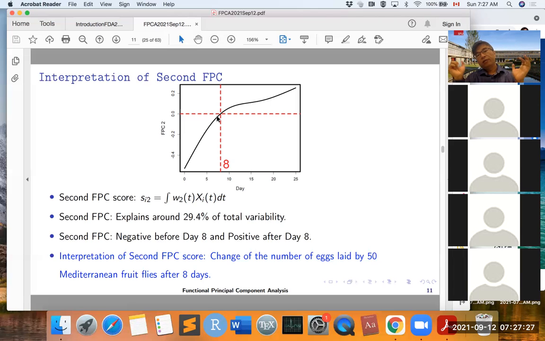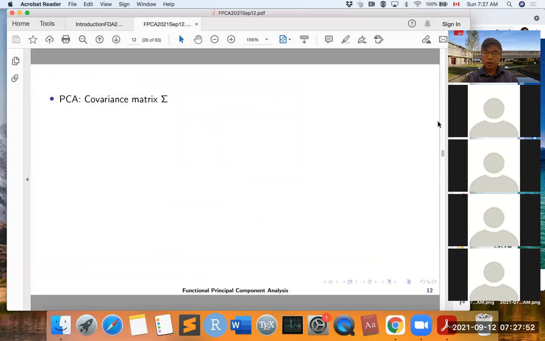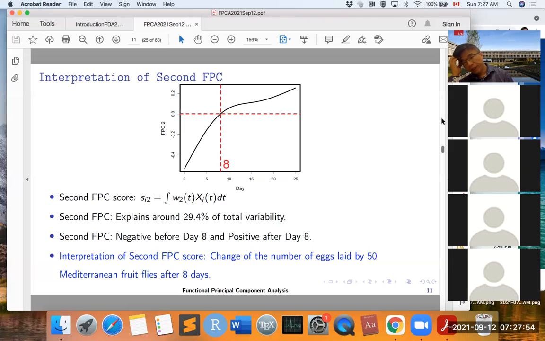Then for this curve, it will have a big first LPC score because the average is large, but it will also have a small second LPC because the change is small, right? So here I want you to understand these two LPCs.